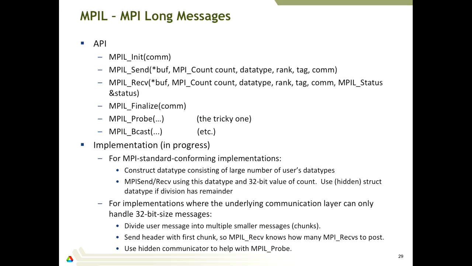So the solution is another small library, which we call MPIL for long messages, and it just has some number, not yet decided how big it will get, of functions that look pretty much like normal MPI functions, but there's an MPI count argument which is big enough. So the implementation just started doing this a little while ago. It's not quite done yet.